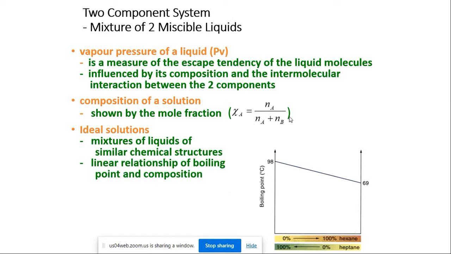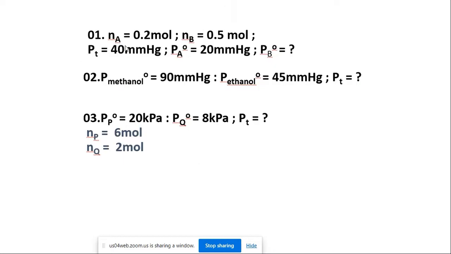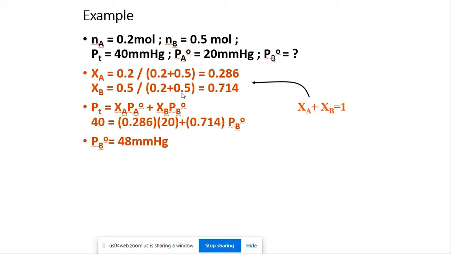If you want to find XA, XA is Na divided by Na plus Nb. Here Na plus Nb is 0.7, and Na is 0.2. So XA is 0.2 divided by 0.2 plus 0.5, that is 0.286. Then XB is 0.5 divided by 0.2 plus 0.5, that is 0.714.